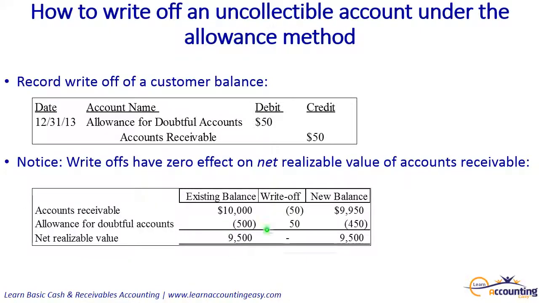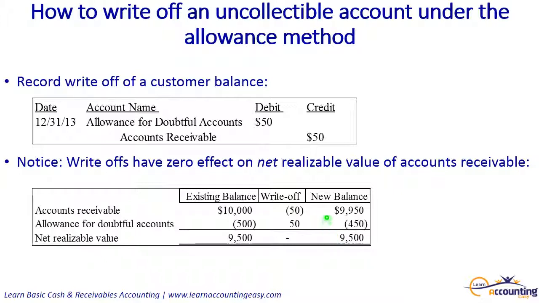Well, when we do the write-off and we decrease the accounts receivable balance, but we also decrease, which is a debit, the allowance for doubtful accounts account, the net effect that has to the net realizable value is zero. So the new balance after adjustment remains the same net realizable value of $9,500.